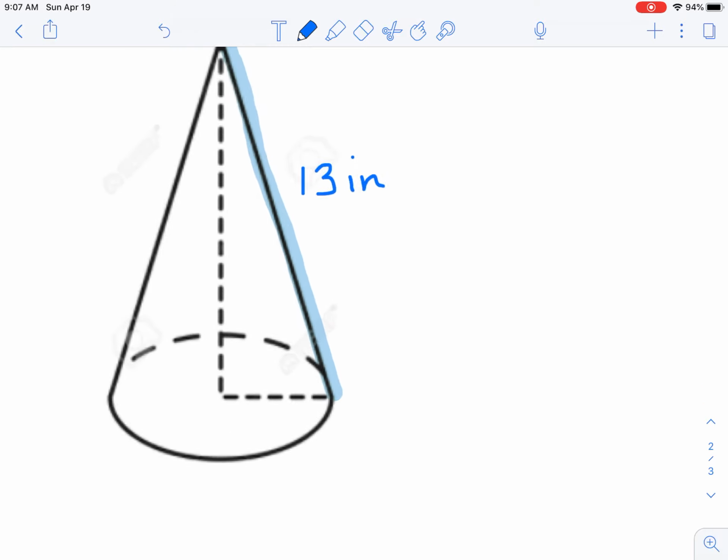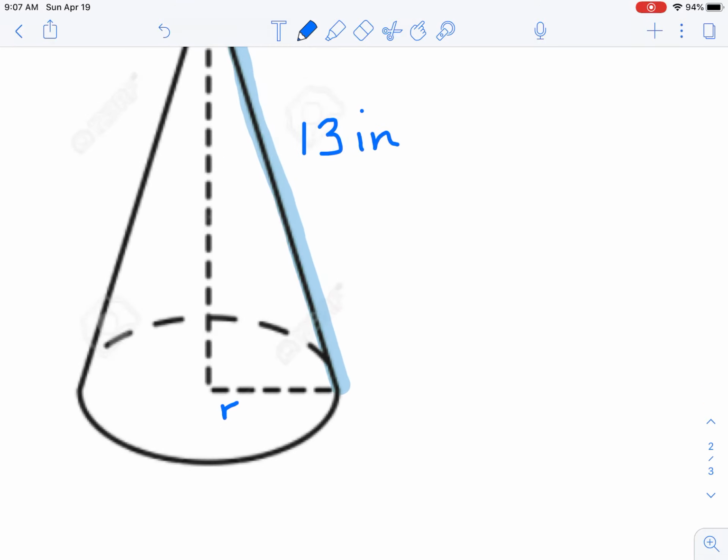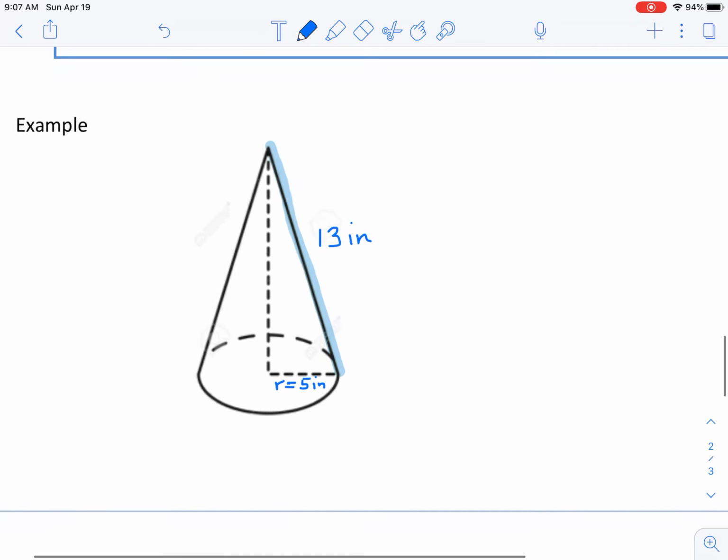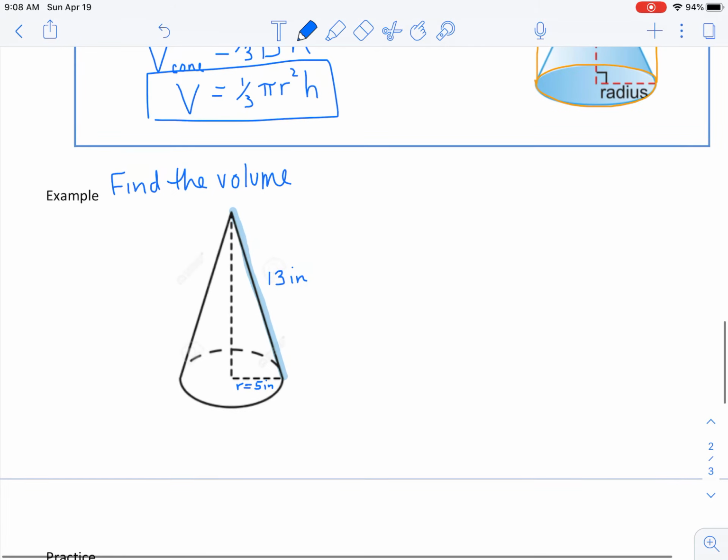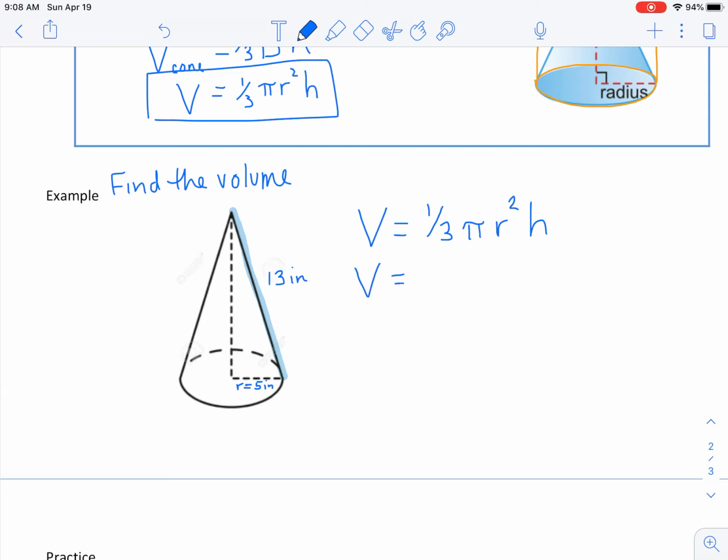And I'm going to tell you that the radius is 5 inches. And I'm going to ask you to find the volume. Okay. Now, I know the volume is going to be 1/3 pi r squared times the height.